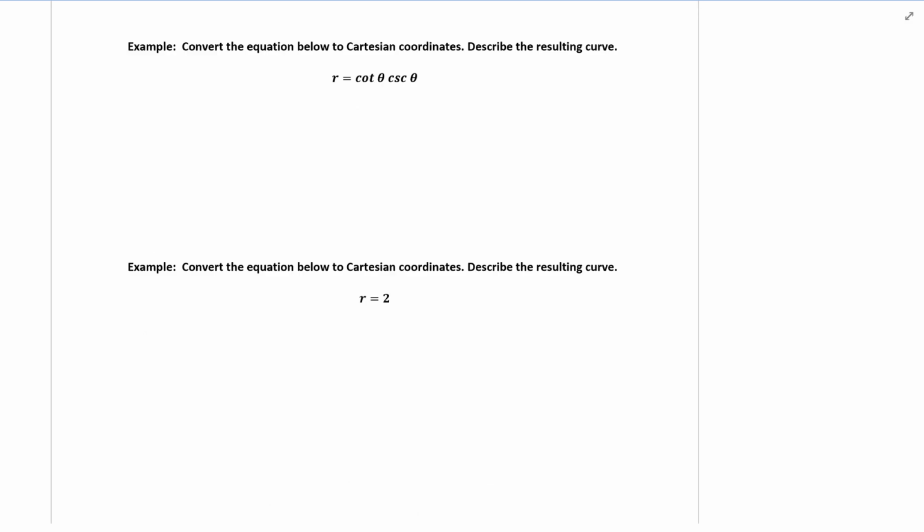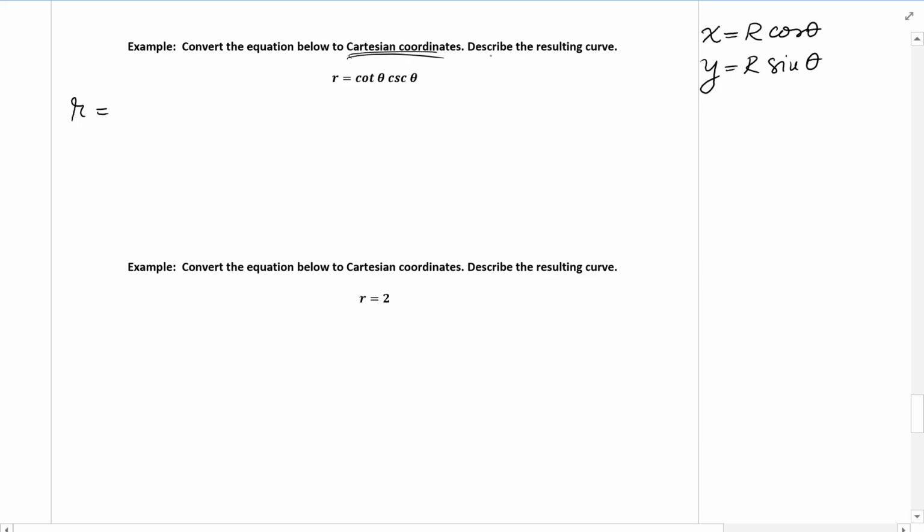Okay, let's do a couple more problems. Let's work on converting the equation below to Cartesian coordinates and describing the resulting curve. So we start with r equals cotangent theta times cosecant theta. Let's change from cotangent and cosecant into sine and cosine, because that reminds us of x equals r cosine theta and y equals r sine theta, so we can work with them and figure out our Cartesian coordinates.